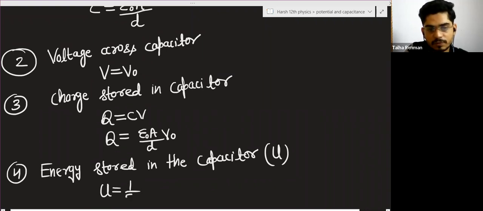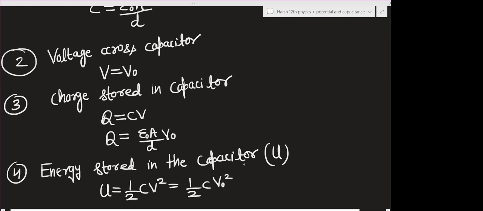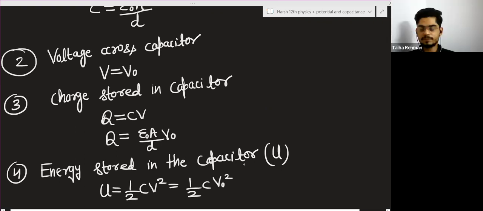I am using one of the formulas, half C V square. So this will become half C into V naught square. This is the simplest case.